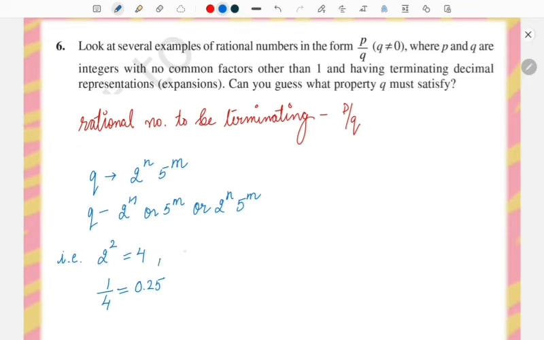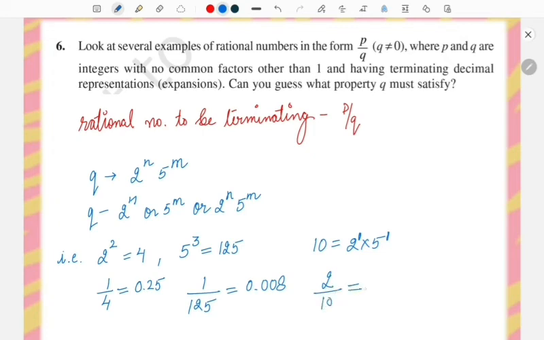Similarly, if you have 5 cube, which is 125, 1 upon 125 would be 0.008. Now for the third case, if you have 10, which is 2 multiplied by 5, 2 raised to the power 1 and 5 raised to the power 1. If I write 2 upon 10, what is the decimal expansion for 2 by 10?